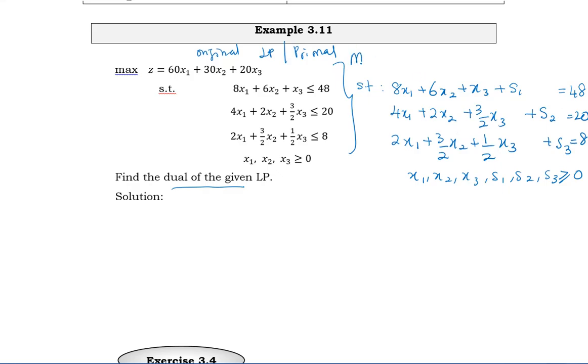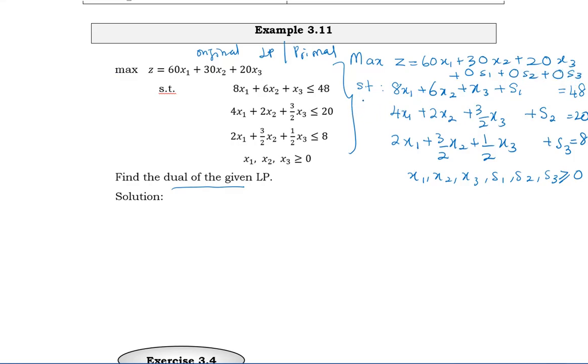And the objective function: max z equals 60x1 plus 30x2 plus 20x3, and then we have the slack variables plus 0s1 plus 0s2 plus 0s3.